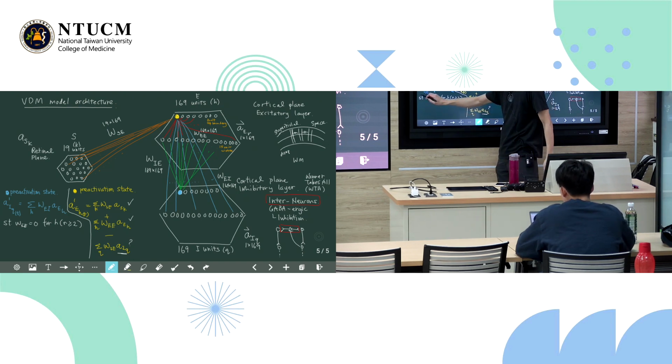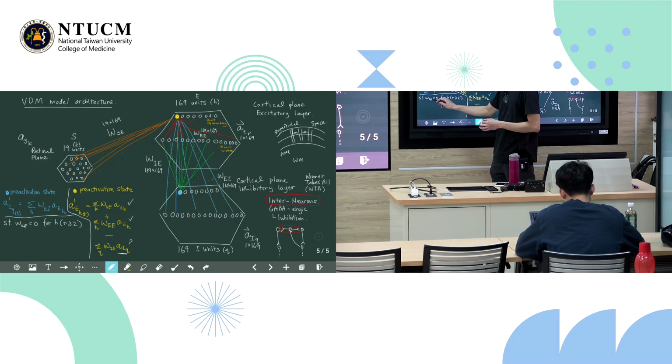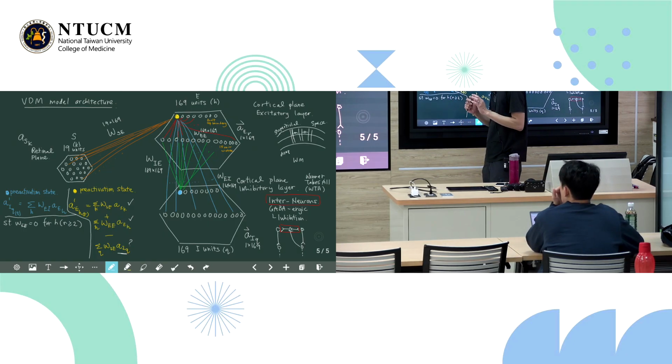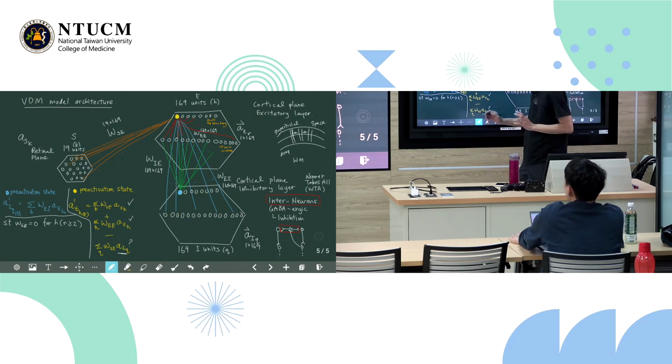But there are some qualifications: the weights in the excitatory to excitatory layer are set to 0 if the unit that is receiving, the H unit, is at R greater than or equal to 2. R is a distance.